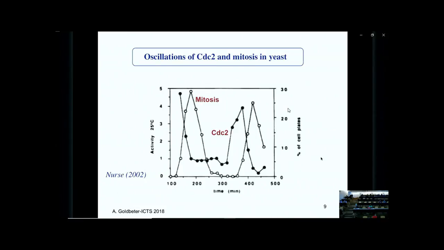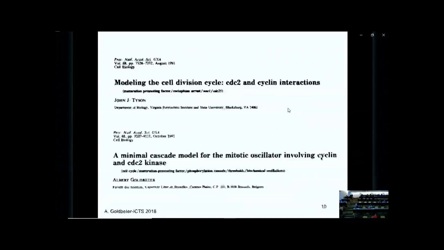Now, what about modeling these oscillations? In 1991, so it was already a long time ago, John Tyson and I, actually independently, proposed a model for these oscillations in CDC2 and cyclin in frog embryos.